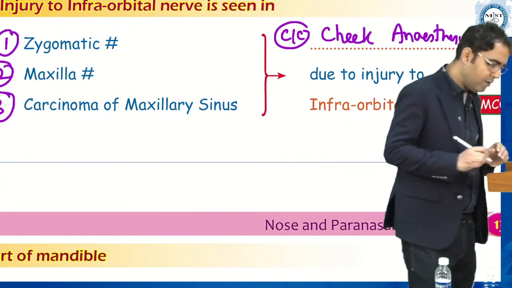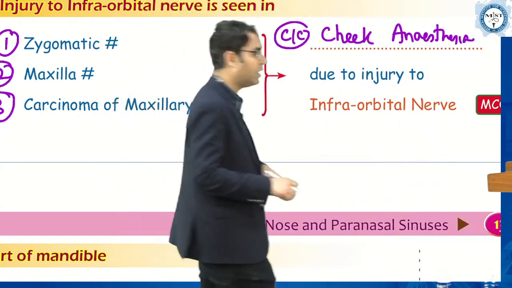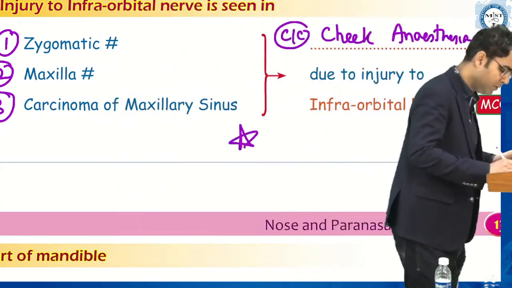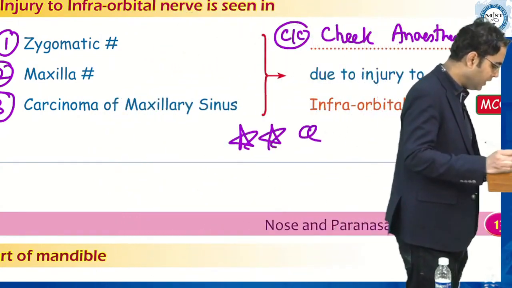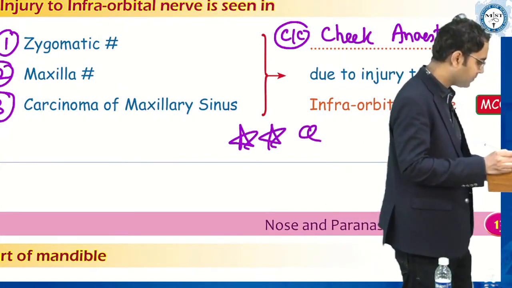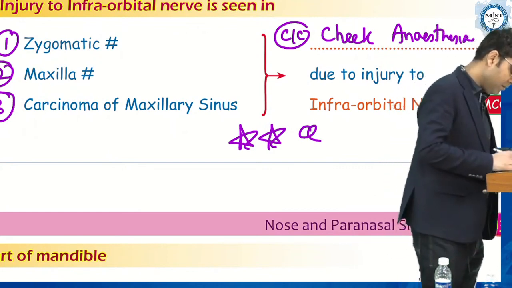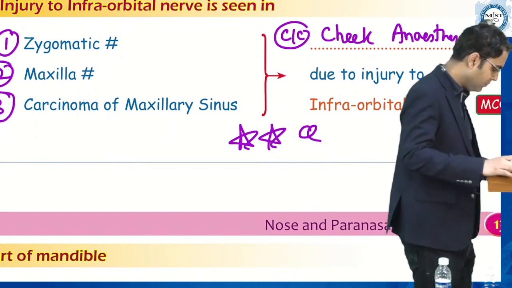Cheek anesthesia due to injury to the infraorbital nerve. Now this is a clinical anatomy based question. Cheek anesthesia due to injury to the infraorbital nerve.